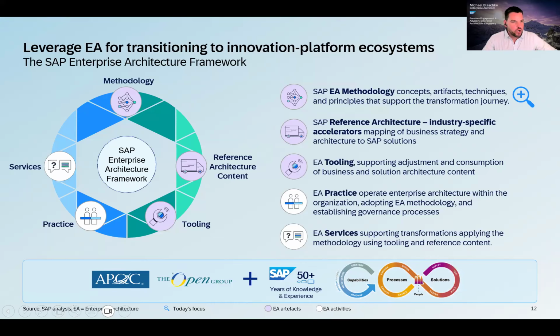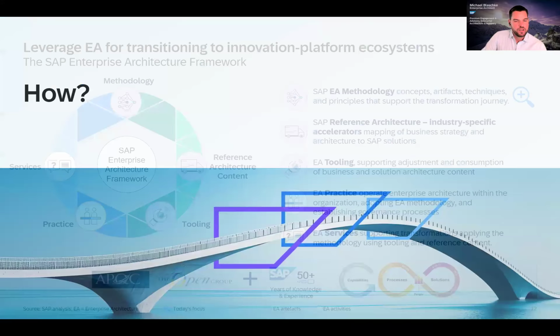It's our approach in making the transition, any type of transition, when it comes to transforming organizations, but in particular, the one outlined today towards innovation platform ecosystems. Okay, so I think with that, you get an idea of what EA means at SAP and how we can adopt it as a capability for transitioning to IPEs.